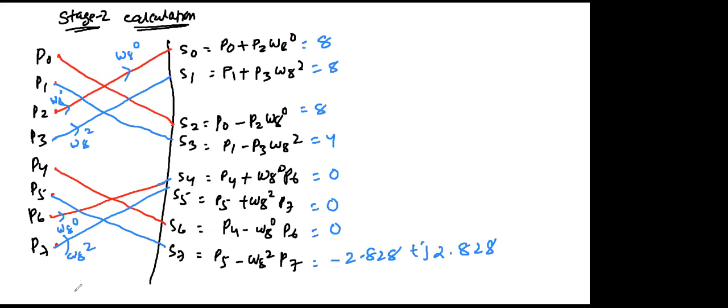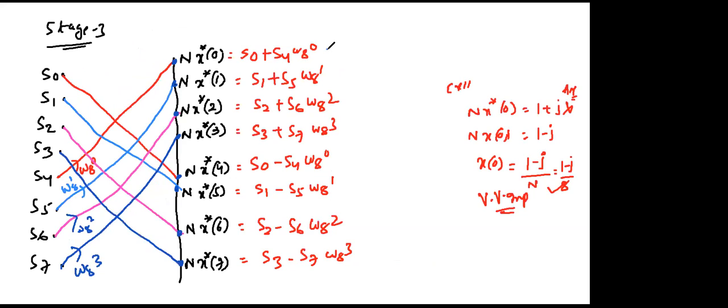Okay, now I will go to the stage 3 final output. Stage 3, please note down: 8, 8, 8, 8, 8, 8, 8, 0. Okay.